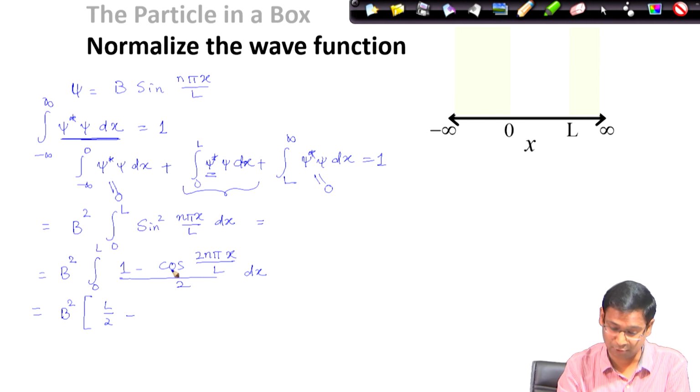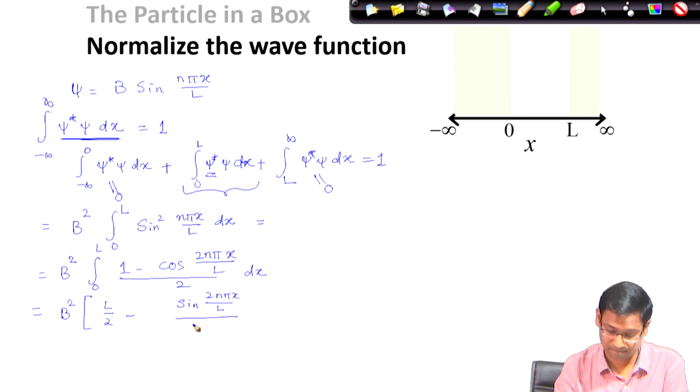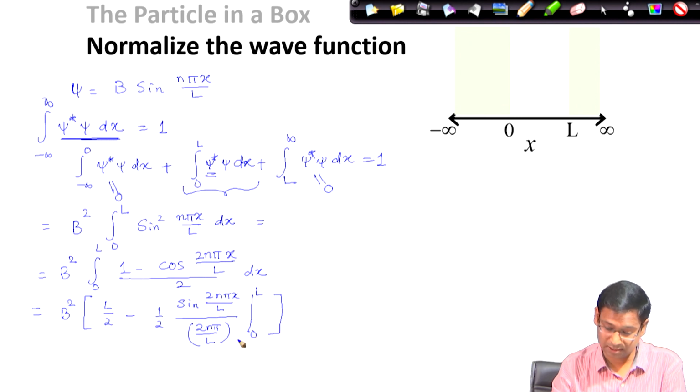The second term has the integration of a cosine function, which gives a sine function, between 0 and L. When x is equal to L, the function is sine 2 n pi, which is 0.